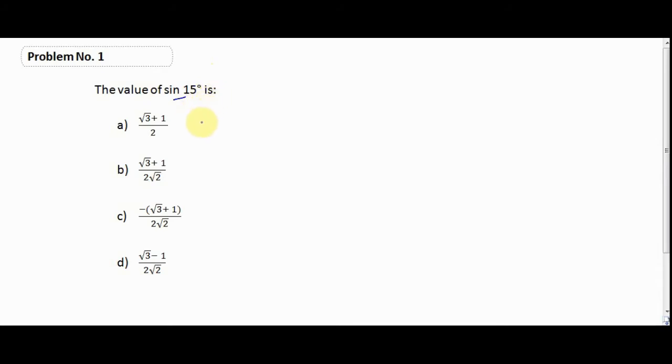Okay, now coming to the solution, we may rewrite sine 15 degree as sine 45 degree minus 30 degree. Now this expression sine 45 minus 30 is in the form sine a minus b, and we know what is sine a minus b.